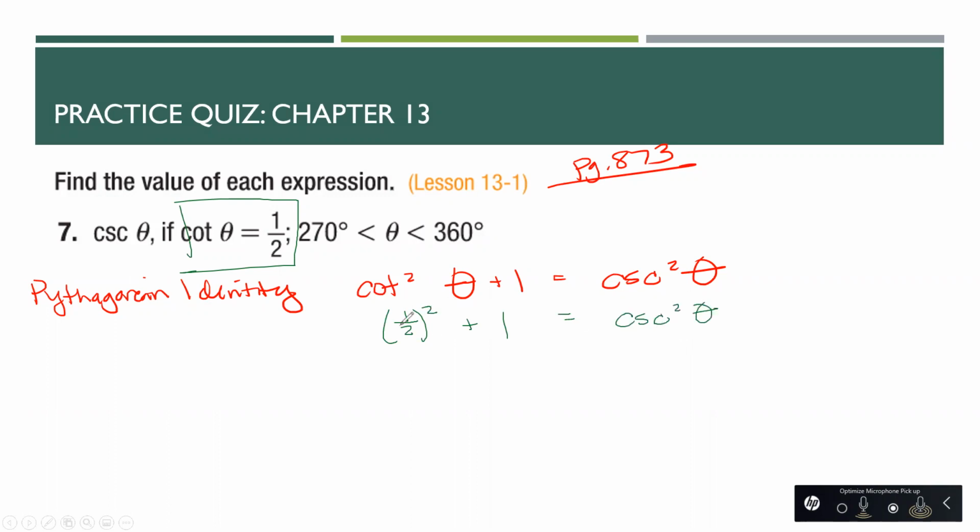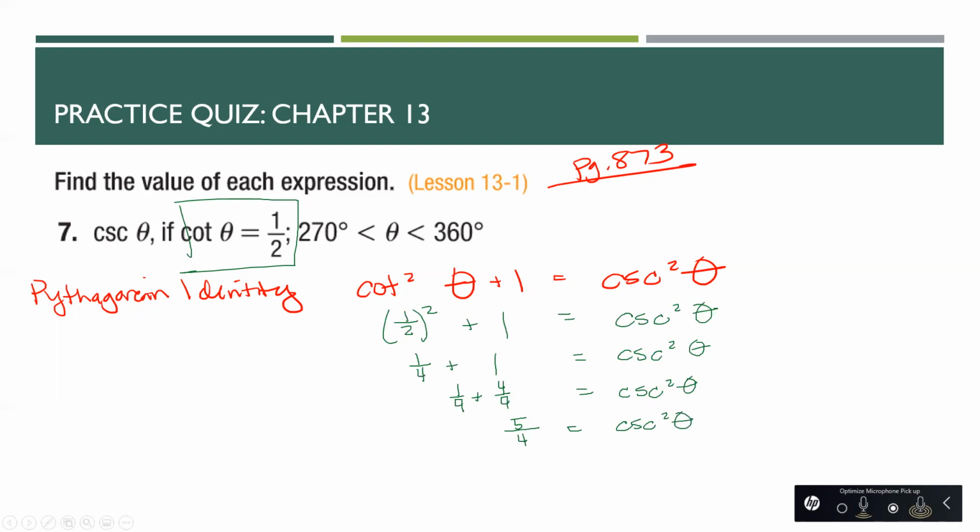Okay, so 1/2 squared, 1 times 1 is 1, 2 times 2 is 4, plus 1 equals cosecant squared of theta. So 1/4 plus 1 whole, so 1/4 plus 4 over 4. So we keep the denominators the same and add the numerators. So 5/4 is equal to cosecant squared of theta.